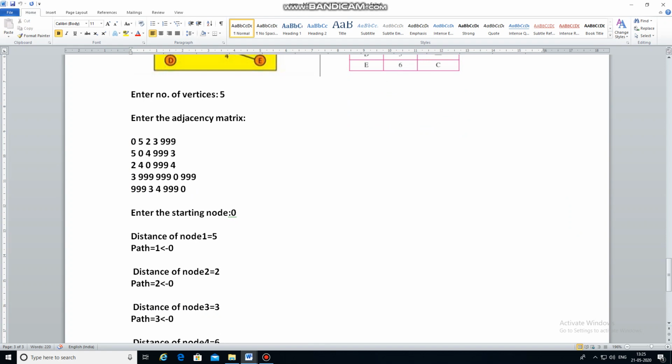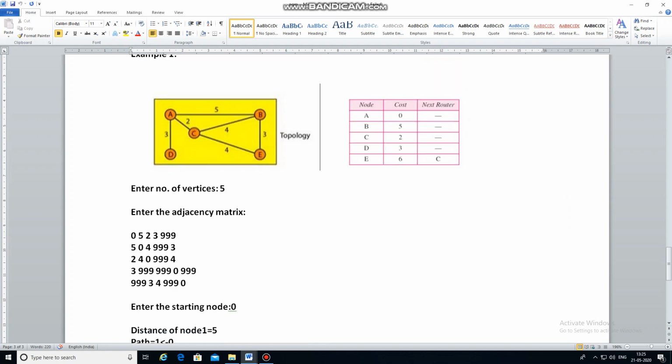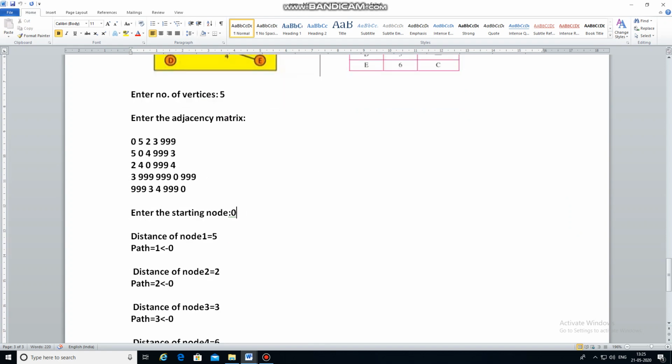Now the path from A to node 1, that is B, right? There is a direct path and the value of this path is 5. So the path is given from A to B, that is 0 to 1, it is direct.